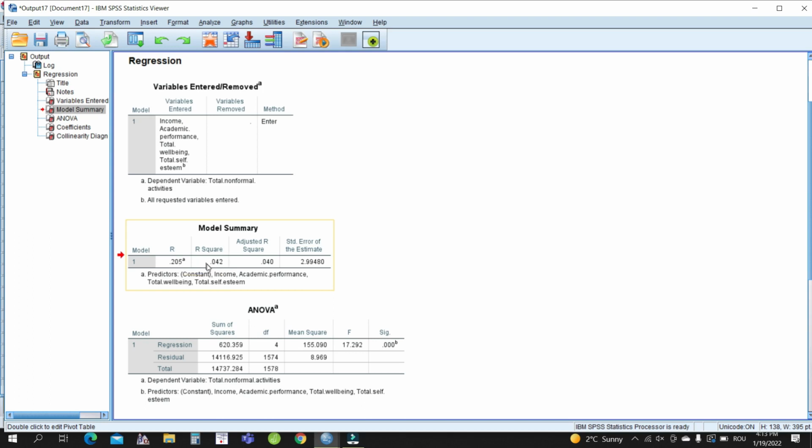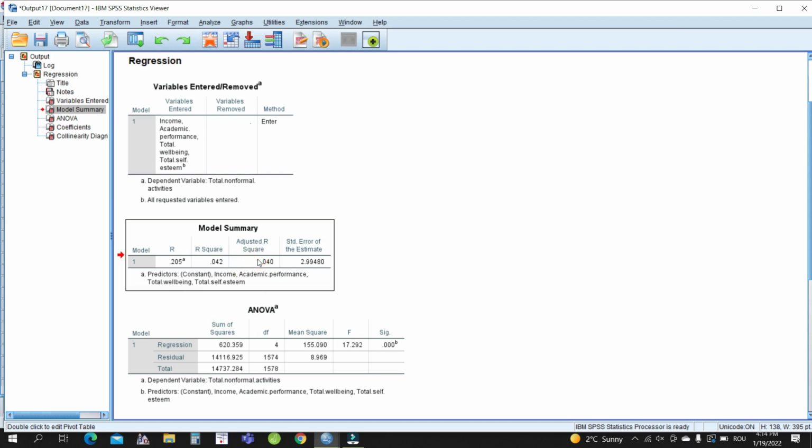In the next column, we have the R-square, also called the coefficient of determination, which multiplied by 100 indicates what percentage of the variance of the involvement in non-formal activities is explained by the linear combination of our four predictors. In our case, we can see that our model explains 4.2% of the variance of non-formal activities involvement.